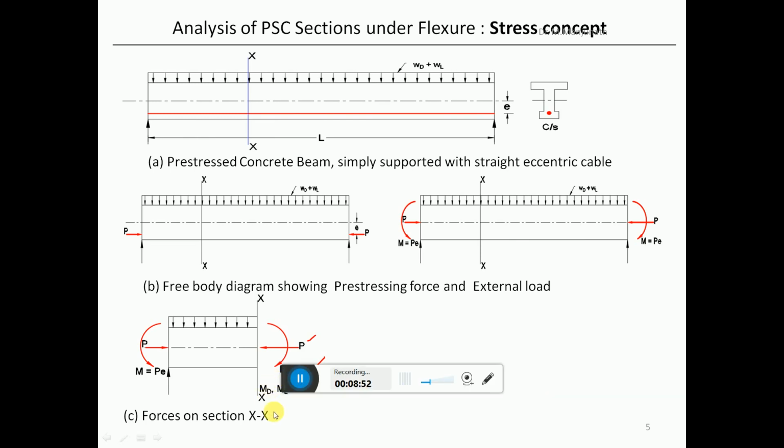So it is required to obtain the stresses at this particular section XX, this being the cross section, due to these various forces acting.